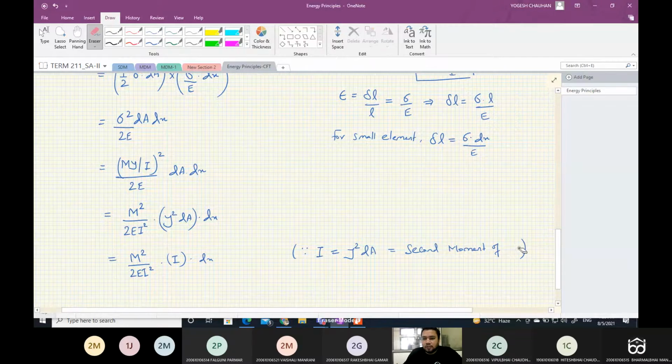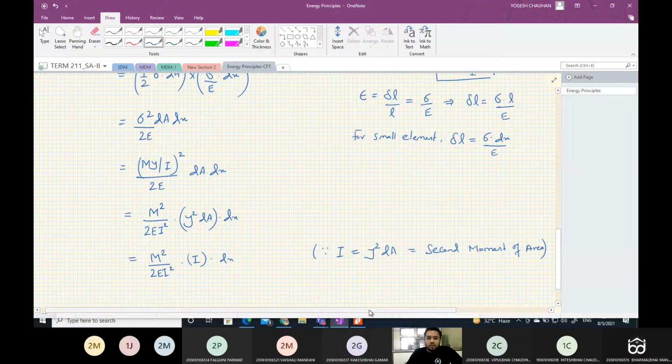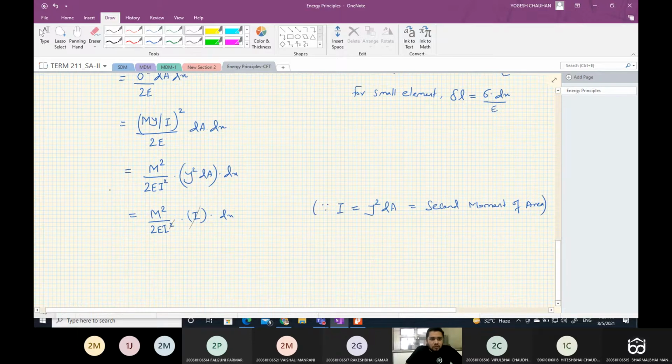So this I square and this I can be cancelled out, and you have dU equals M square by 2EI dx.